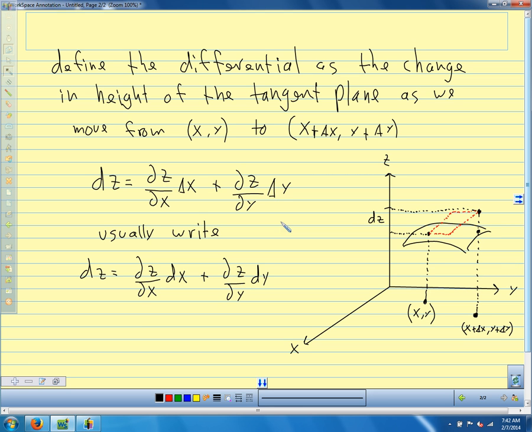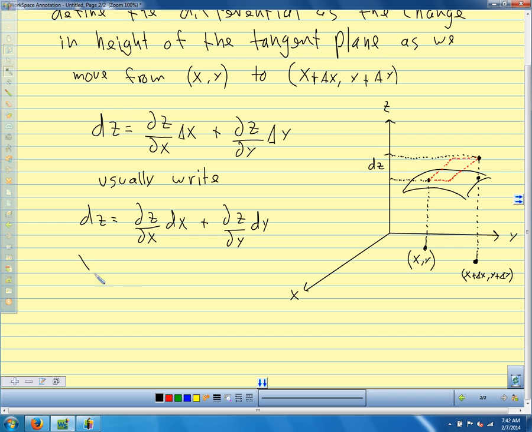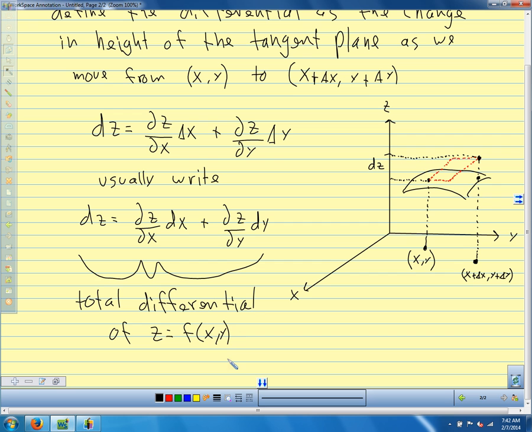I don't know why they chose to use the same notation, but we do. This quantity is called the total differential of our function, and it just represents the change in height of the tangent plane as we move from one point to the other.